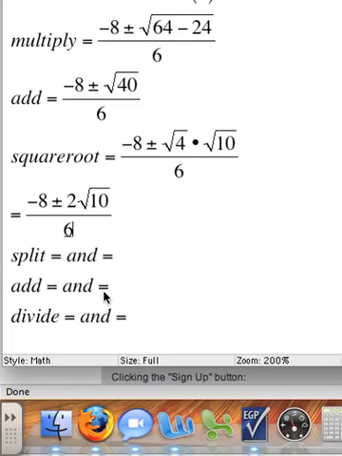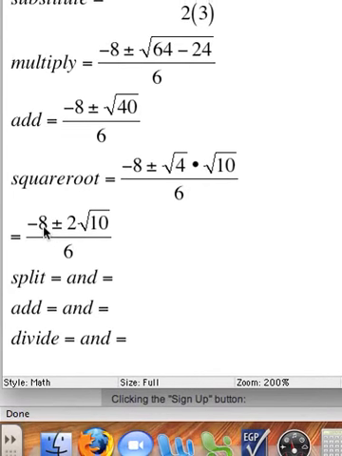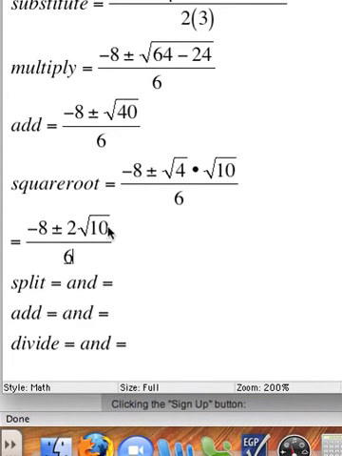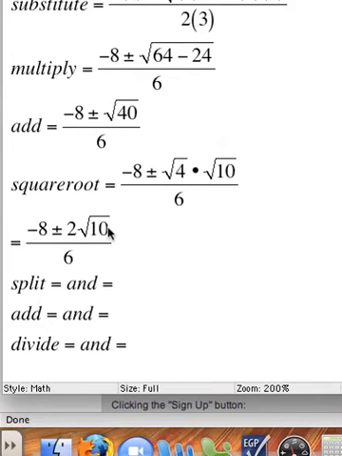Now, it's kind of hard to split this up just because I'm now adding a whole number 8 and a square root of 10. And 2 is part of the square root. It's 2 times the square root of 10. So it's not like I can go ahead and just add them together. So since I'm not adding, I'm also not going to split.